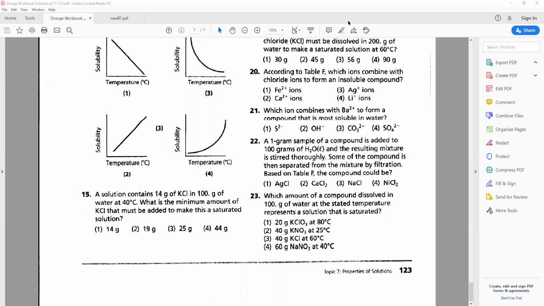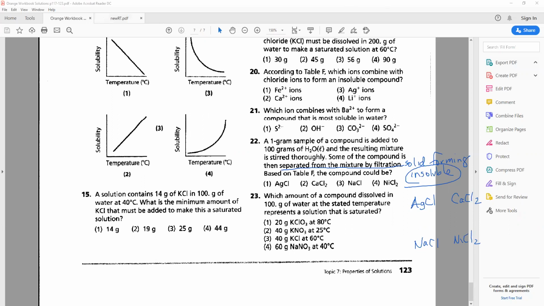So in order for it to be separated by filtration, you have to have a solid forming. In order for a solid to form, this compound is going to be insoluble. So out of all those choices, AgCl, CaCl2, NaCl, and NiCl2, which one is insoluble?